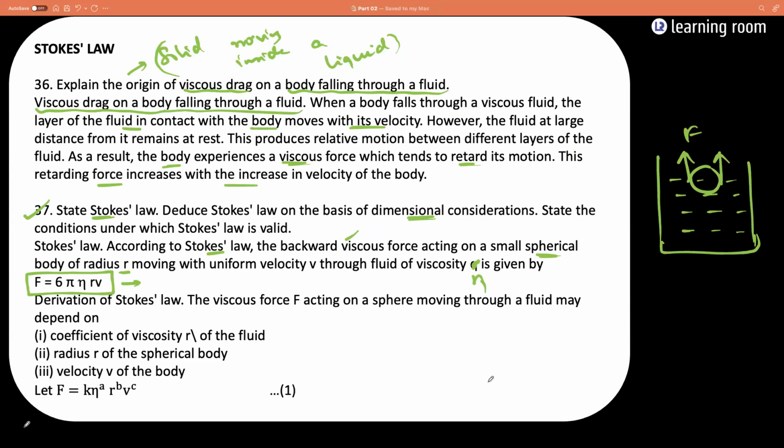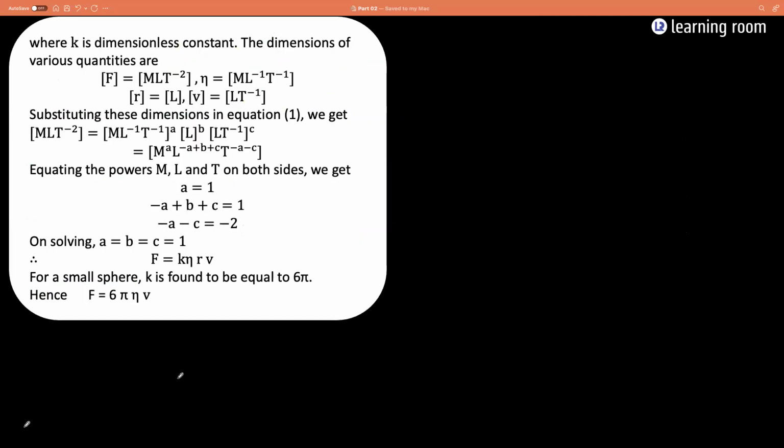Where eta is the coefficient of viscosity, r is the radius of the spherical ball, and v is the velocity of the object. Now, having all these points in mind, since we are going to use dimensional analysis to derive it, can I say that the viscous force is directly proportional to eta power a, r power b, and v power c?